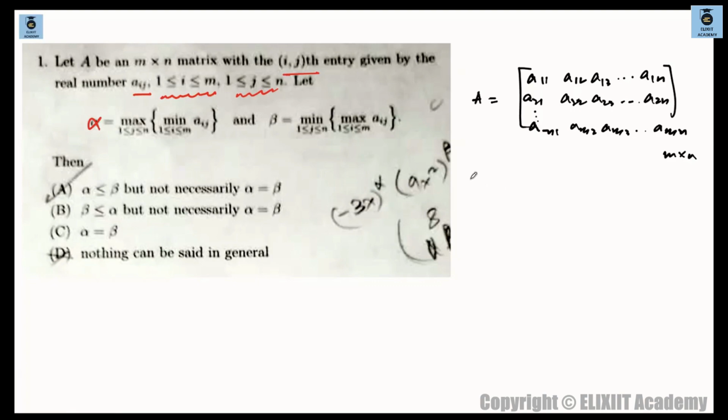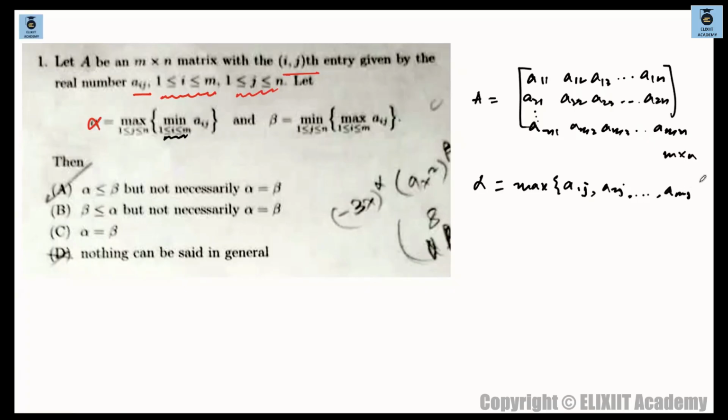So it's saying alpha is basically max of min of Aij. What is the meaning of this? The minimum part depends on i here. So this is A1j, A2j, and so on till AMj.